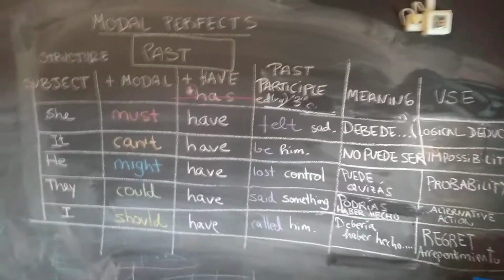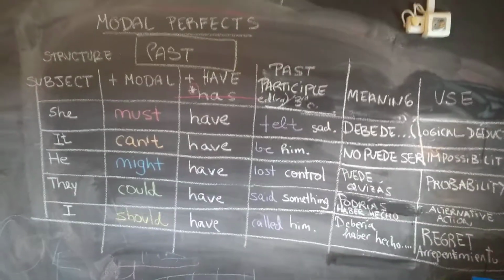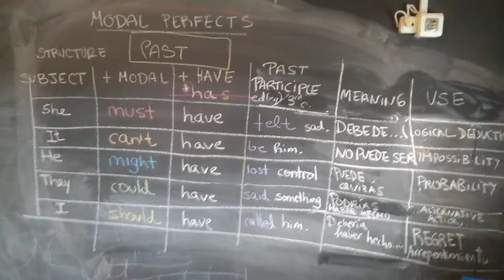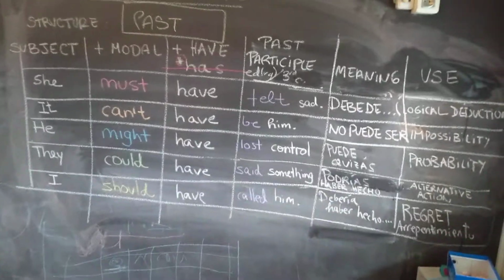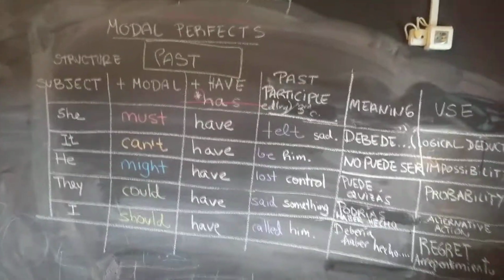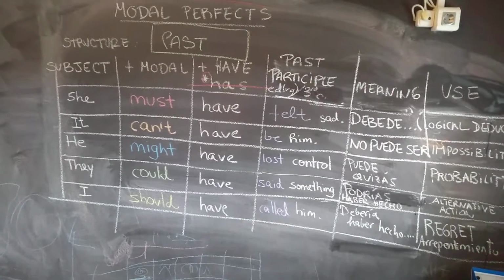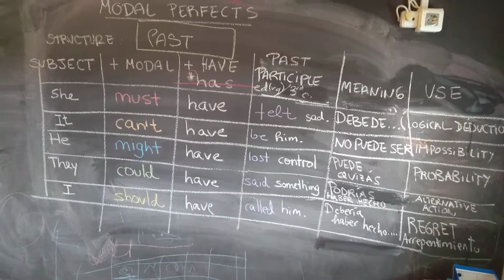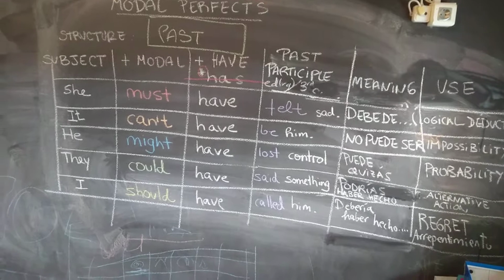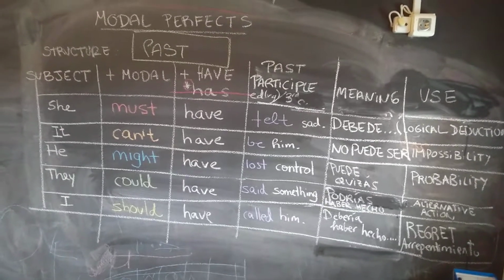The structure is basic. First of all, you've got a subject: he, she, it, us, the school, the police, whatever. Then you have to add the modal verb: must, can't, might, could, should. These are the ones that you're studying in Unit 6, so these are the ones that we're going to see in this video.